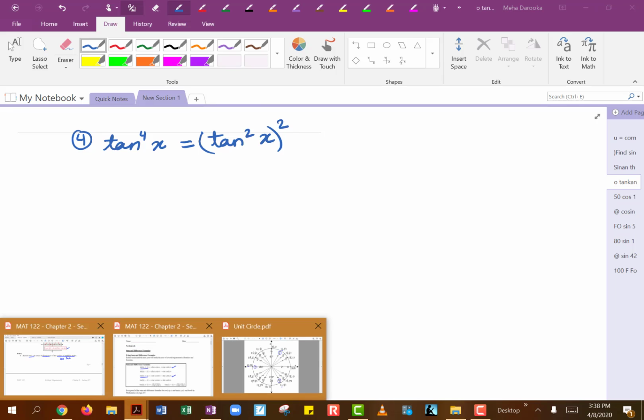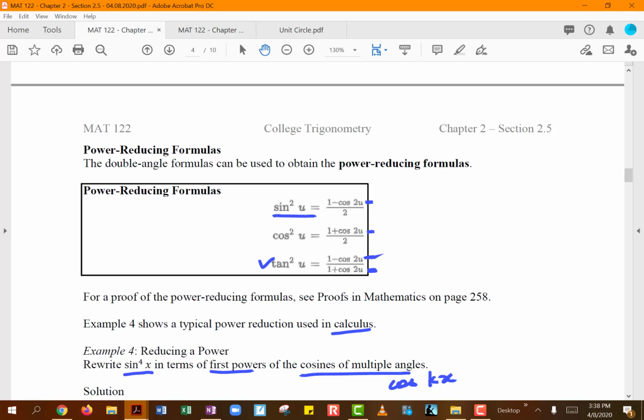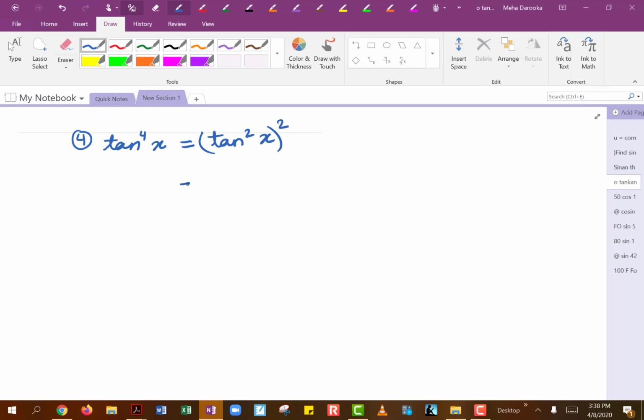Now remember, you are using the power reducing formula here, so we'll be using this one over here, 1 minus cosine 2u over 1 plus cosine of 2u, right? So let's rewrite this as 1 minus cosine of 2x over 1 plus cosine of 2x, and of course this whole thing is still raised to the second power.